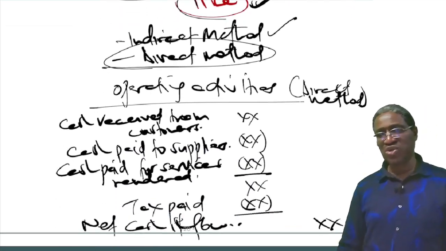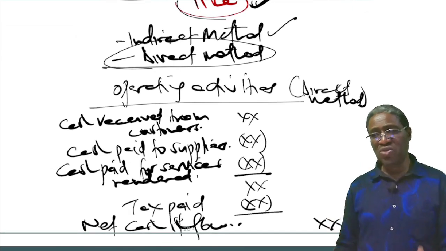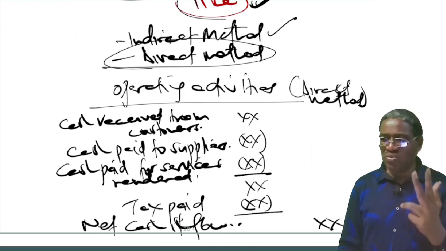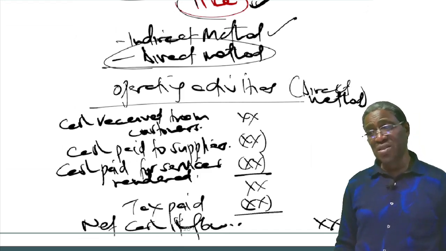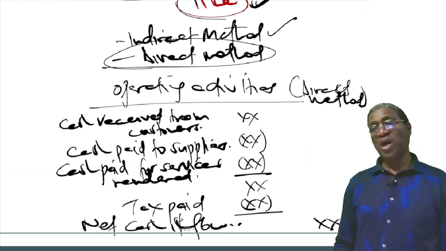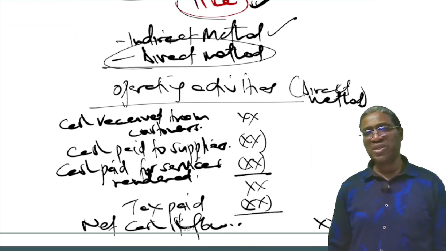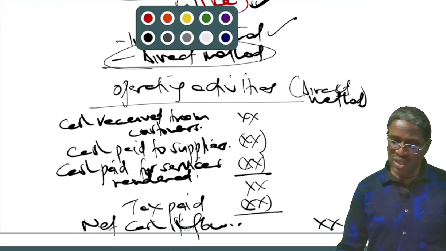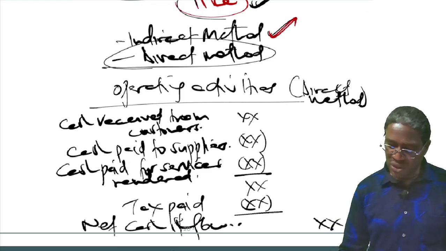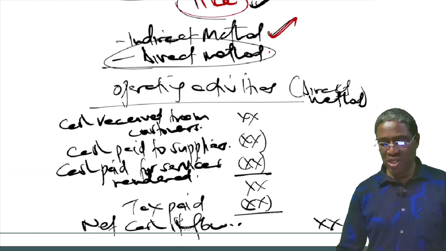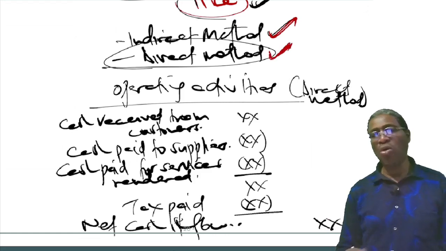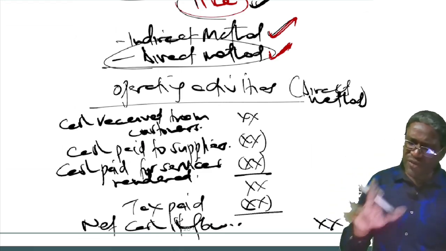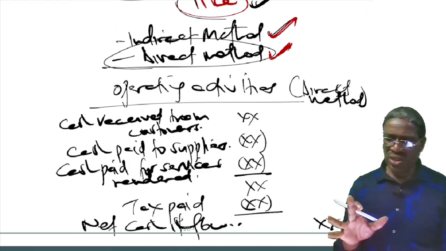This is where we stopped, so let me now continue. I must have mentioned that there are 2 methods of presenting a cash flow statement for a company. One method is called the indirect method, and the second is what we called the direct method.